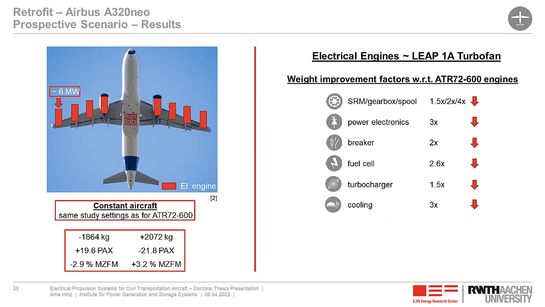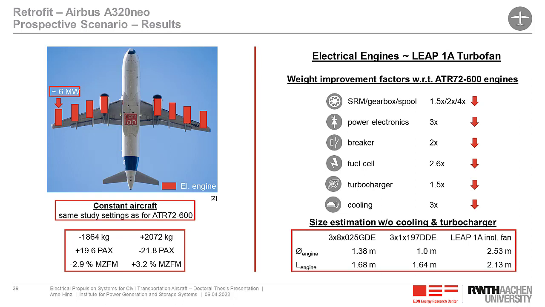And the main improvement factors apply for the cooling system, the engine spool, and power electronics. Regarding the size, we can see again that the direct drive engine should be rather acceptable, whereas the gear drive engine needs some reconfiguration as we have a quite big diameter.